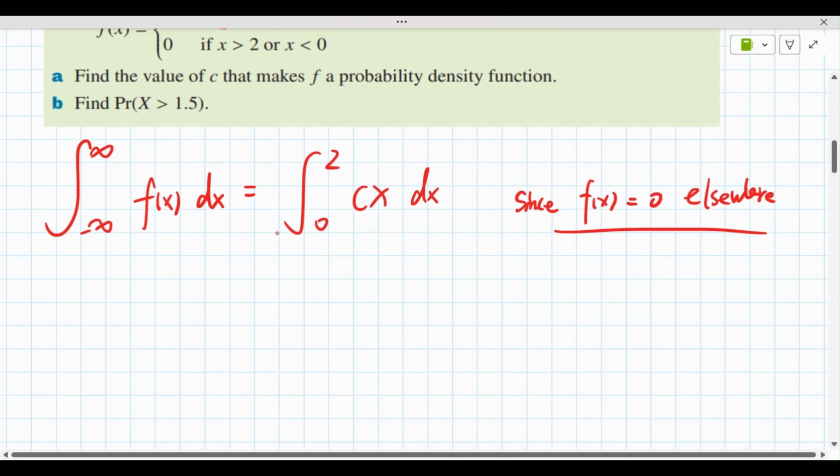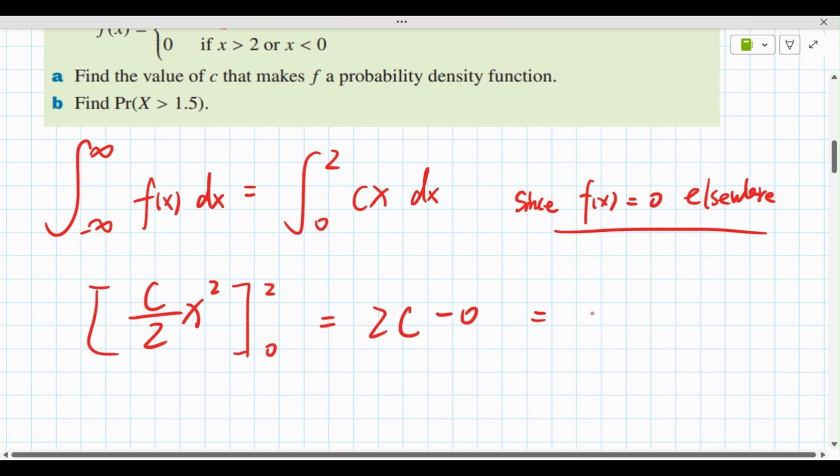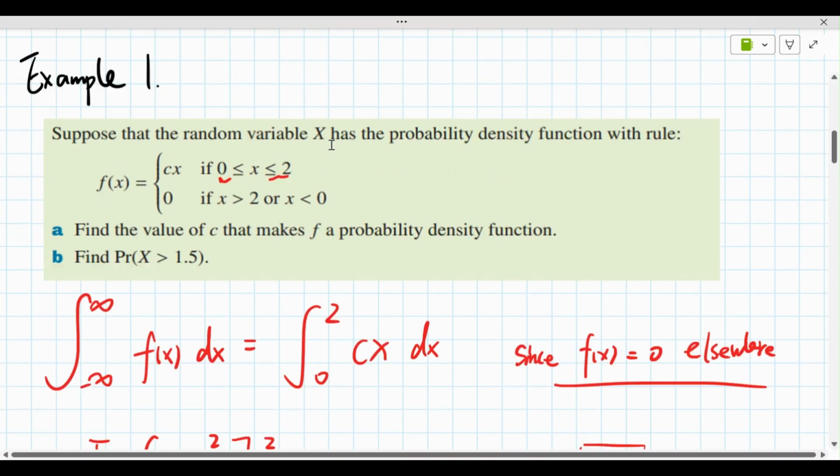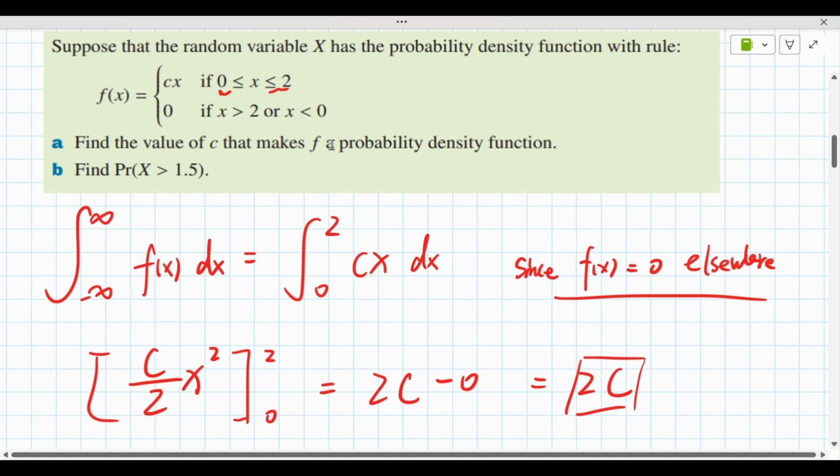Now what we do is integrate to get cx squared over 2, from 0 to 2. So now we have 2c minus 0, which equals 2c.